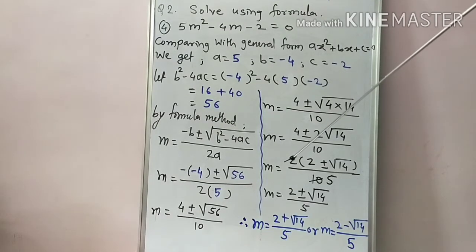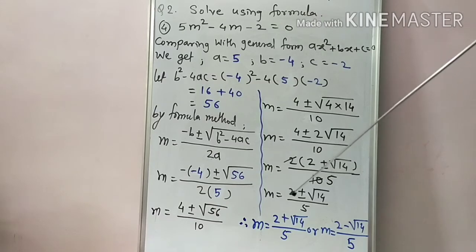So as you are taking 2 as common, the remaining factors from the first term, here 2 as common, so 2 2s are 4 means 2 remains, plus or minus, taking 2 outside, the remaining is root 14 upon 10, and now we divide that 10 by this common 2, 2 5s are 10.